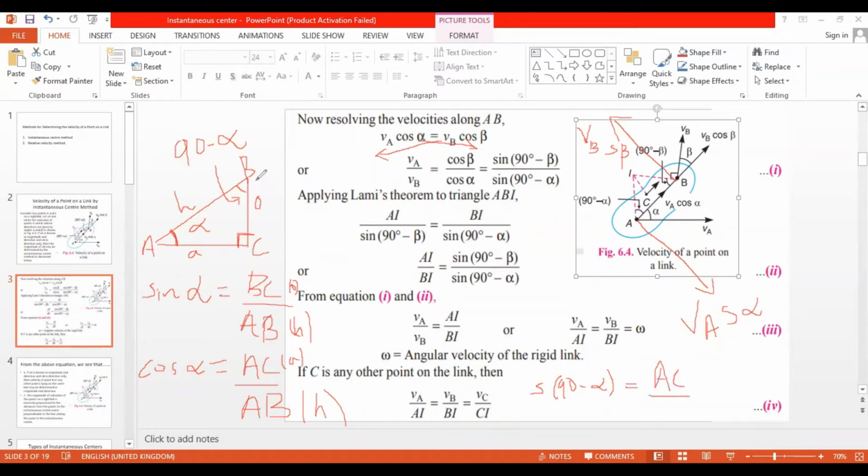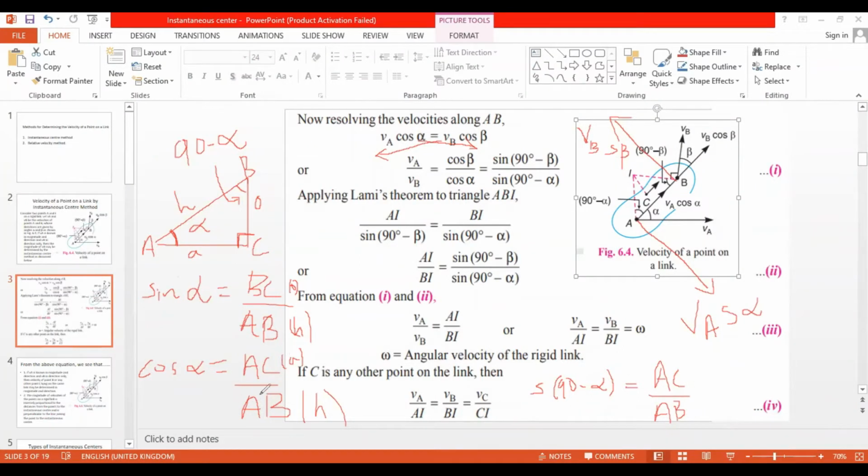Hypotenuse will never change, right? Always the side opposite to the right angle is the hypotenuse. So this is not going to change. That is AB. So there you see cos alpha is equal to AC upon AB. Sin (90 minus alpha) is also AC upon AB.